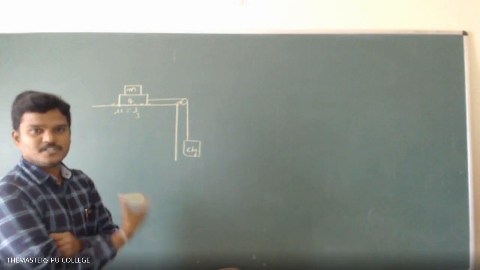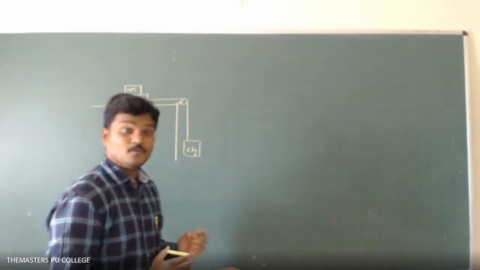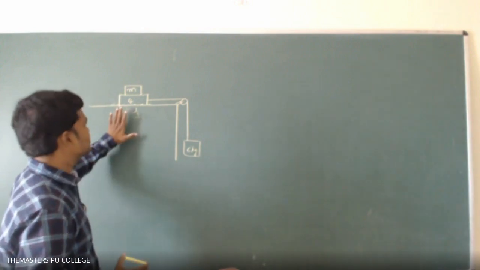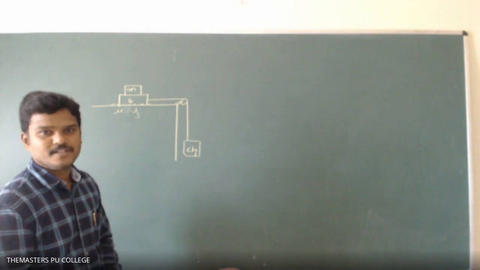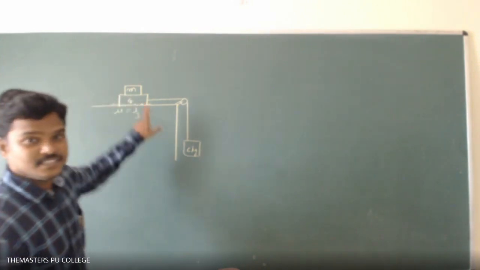Now the question here is, for what value of m is this system ready to move? It means how much mass you have to place so that the system moves.